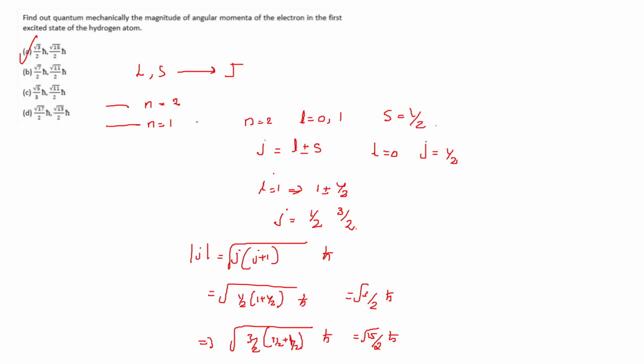And this is one of the questions related to the angular momentum of the systems. As we already know, there are two kinds of momentum, that is L and S, orbital angular momentum and spin angular momentum. How will be the total angular momentum and how to find it? Well, if you know the first excited orbital, then from there you calculate the L value, from the L value you calculate the J, and from the J value you can calculate the total magnitude of the J values.